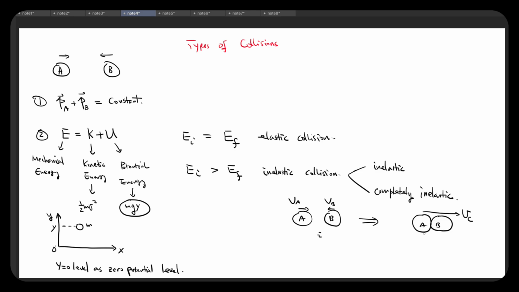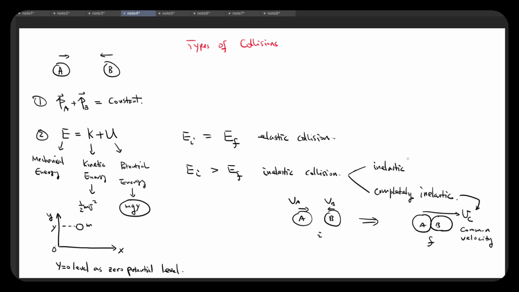Let's call this VC. That's the final state. So here is a common velocity, meaning they stick together and then move together, and that is called completely inelastic. That's the definition of this.